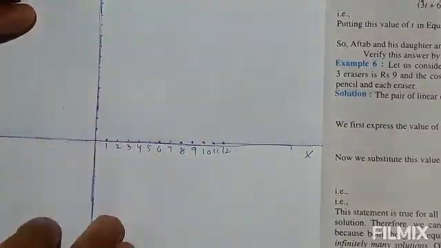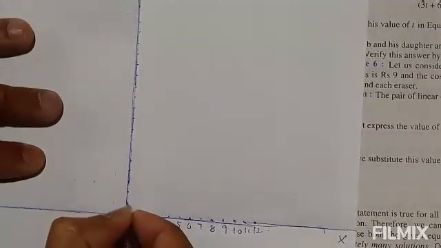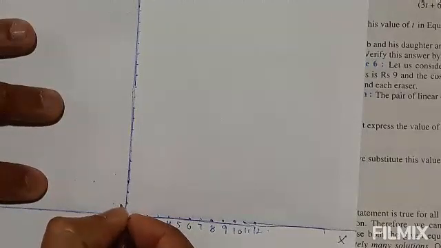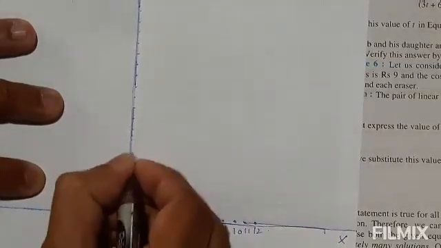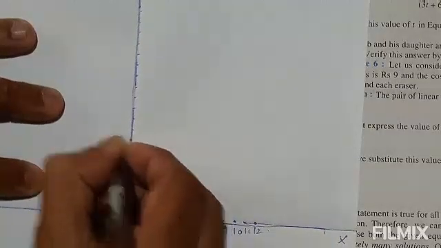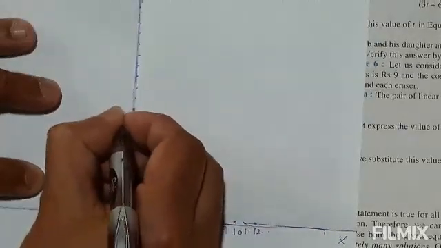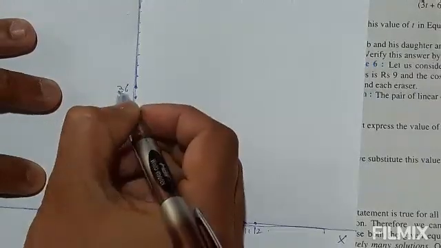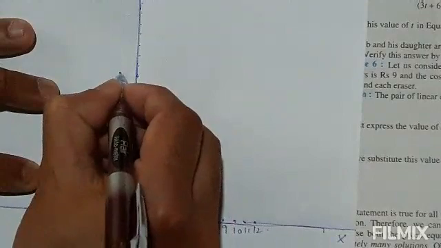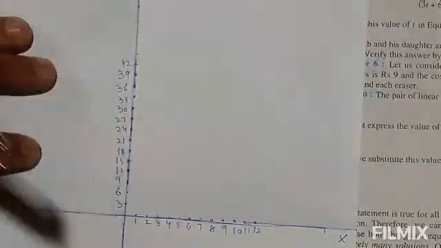From here on the y-axis, we will write 1 centimeter is equal to 3 units. Like this, 0, 3, 6, 9, 12, 15, 18, 21, 24, 27, 30, 33, 36, 39, and this is 42, which is the maximum value of y we have got.